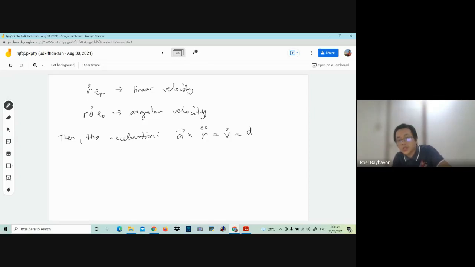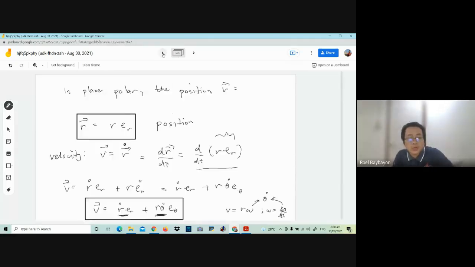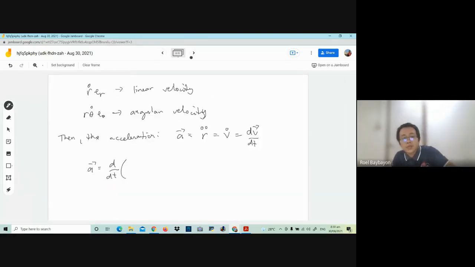So this is the derivative of v with respect to time. Therefore, a is just equal to the time derivative of v, and v is equal to r dot e_r plus r theta dot e_theta.